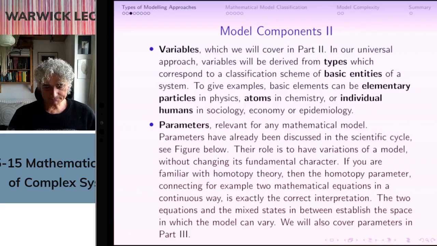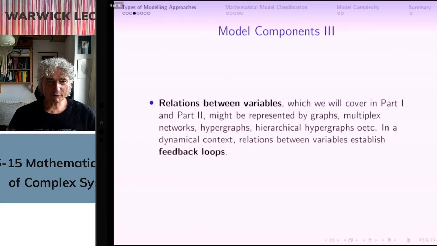So let's go to the third part. Whatever you have in the first two components, so parameters and variables, you will somehow need to describe relations. Generally, the whole area of mathematics that deals with relations is immensely important for a mathematical model. That's why we will start now to discuss graph theory.